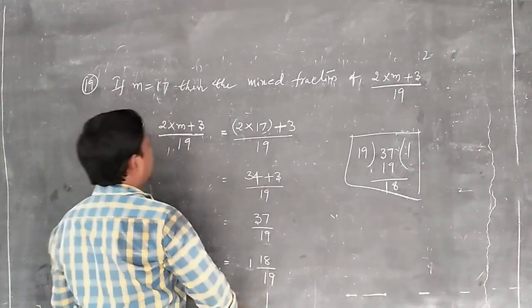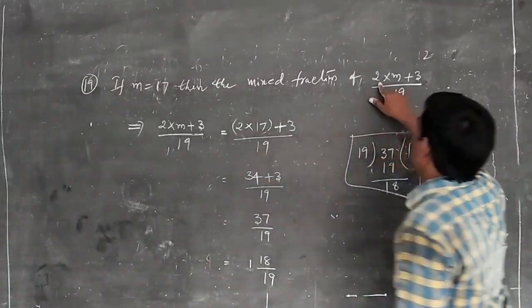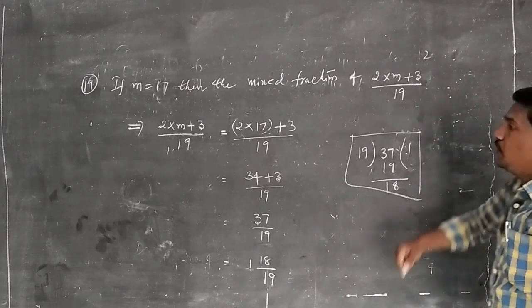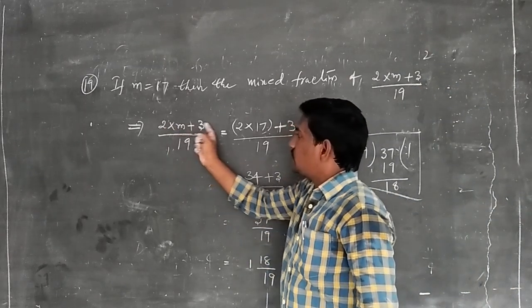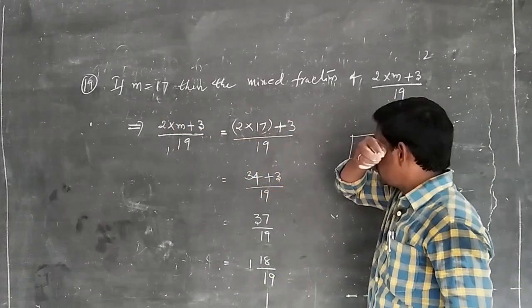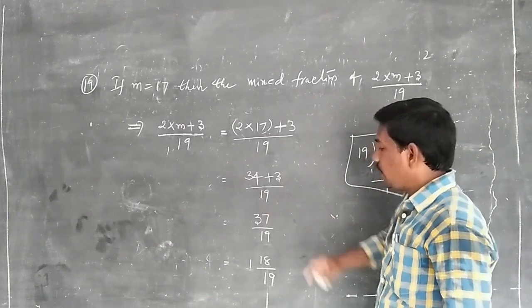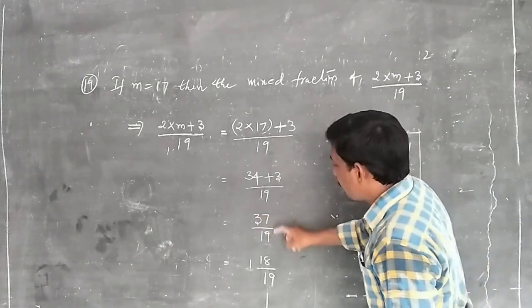If m equal to 17, then the mixed fraction of 2 into m plus 3 by 19. So 2 into m plus 3 by 19. So m value 17. 2 sevens are 14, 2 17s are 34 plus 3, 37 by 19.